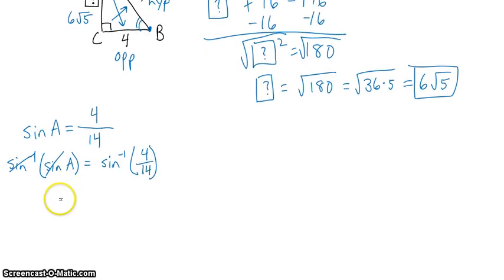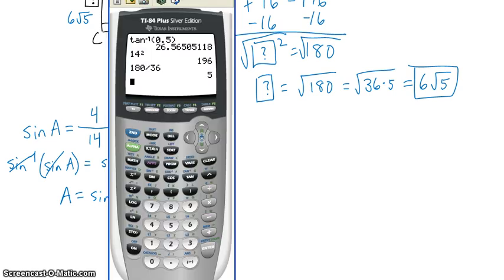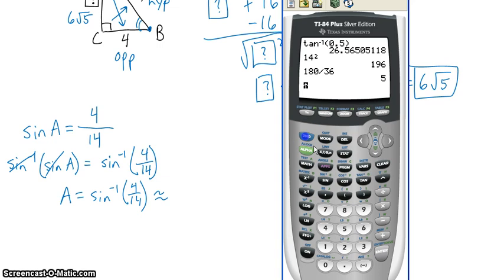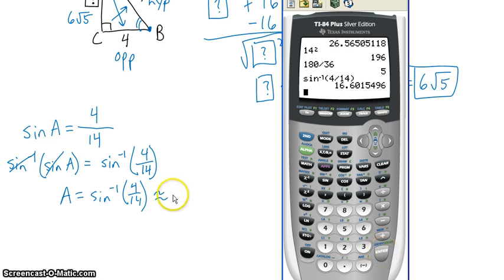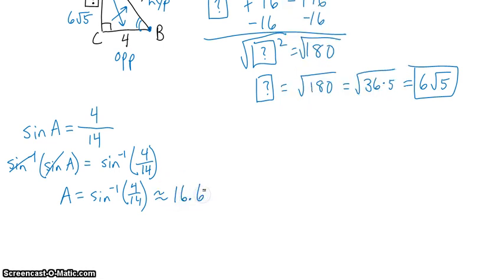I'm left with A equals the sine inverse of 4 over 14, which is approximately 16.6. And A is an angle, so it's going to be 16.6 degrees.